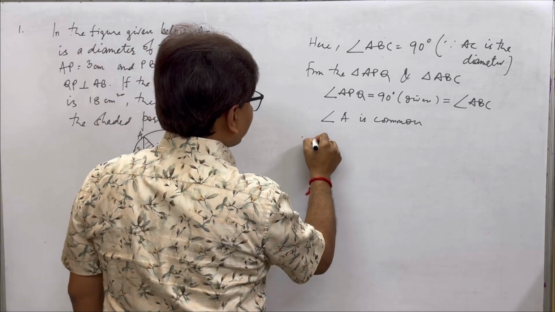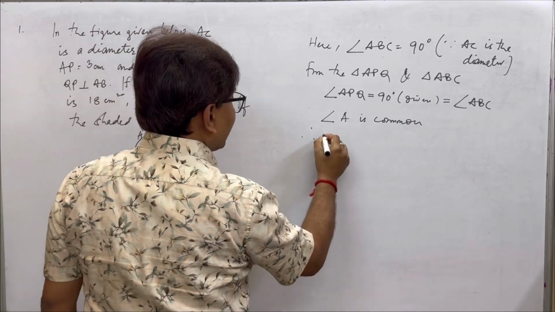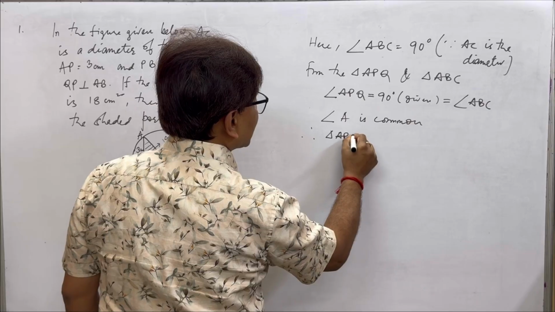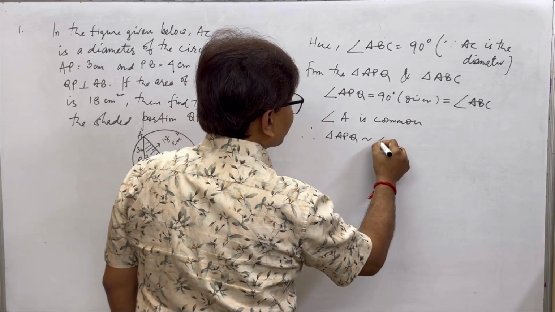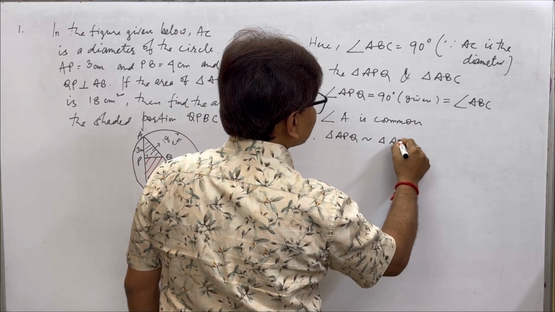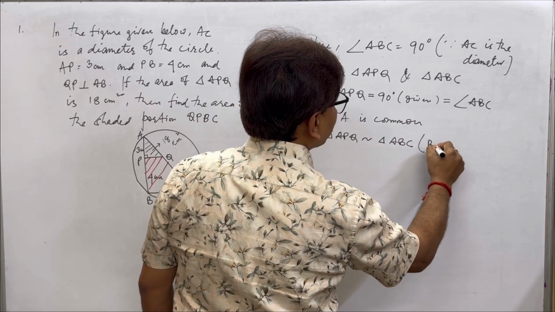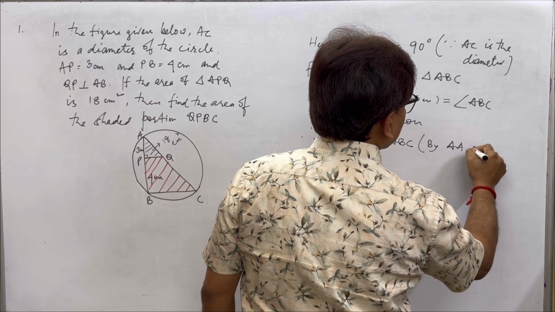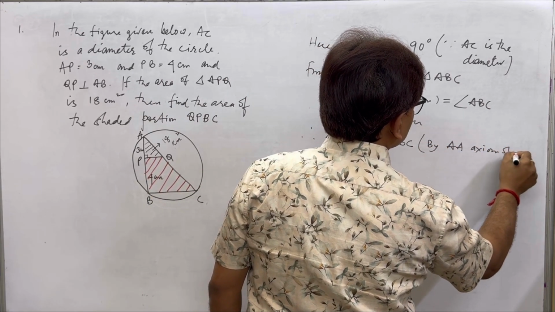So therefore we can say triangle APQ is similar to triangle ABC, by AA axiom of similarity.